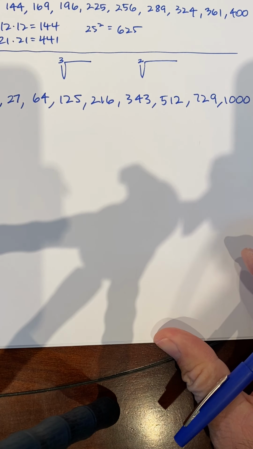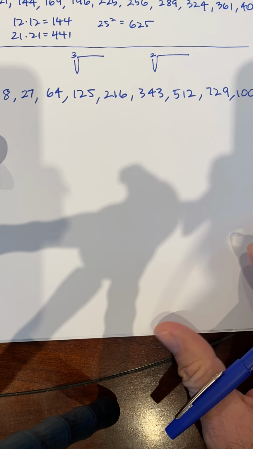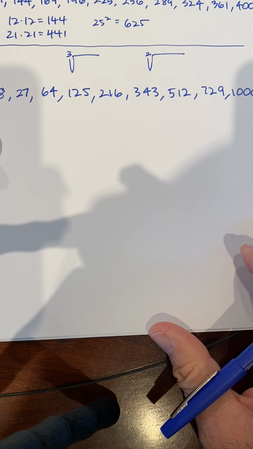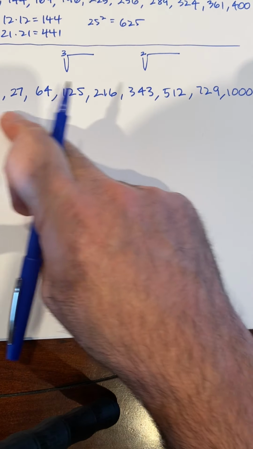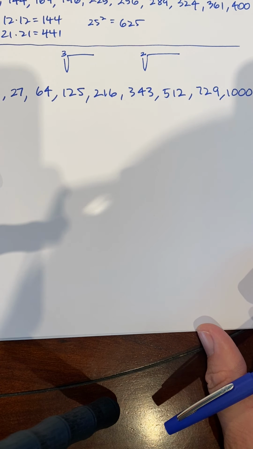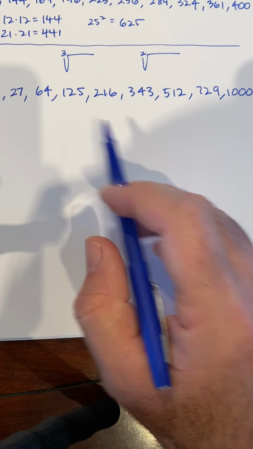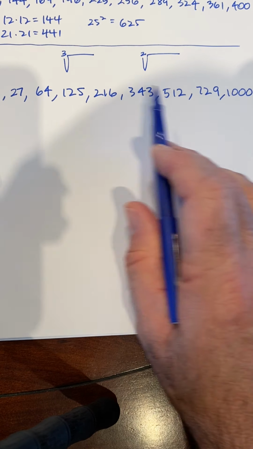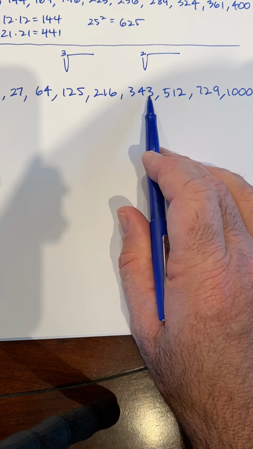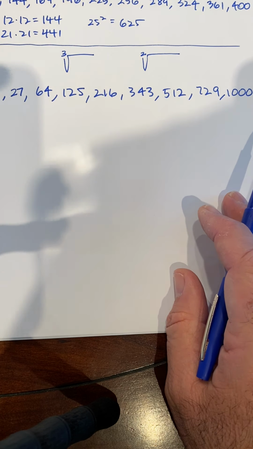So there's the first 10 perfect cubes. Okay? And I'm going to teach you how to use these to find cube roots of much larger numbers. But you can see, interestingly, they all end in a different number. It's 1, 2, 3, 4, 5, 6, 7, 8, 9. So that's going to be important for us.